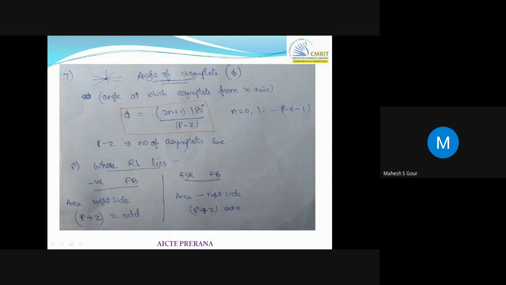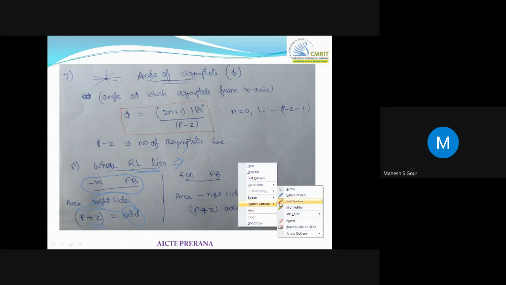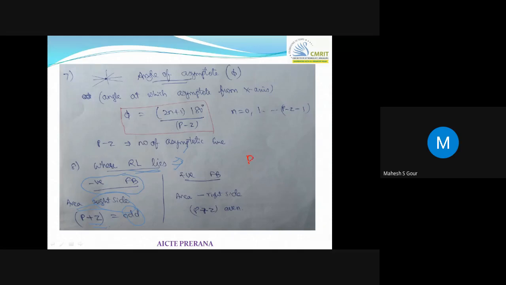See where the root locus should lie. In the question it is given as negative feedback. So for the area on the right hand side, P plus Z should be odd. Here P is the total number of poles and Z is the total number of zeros. So when checking negative feedback, the area on the right hand side, P plus Z should be an odd number.